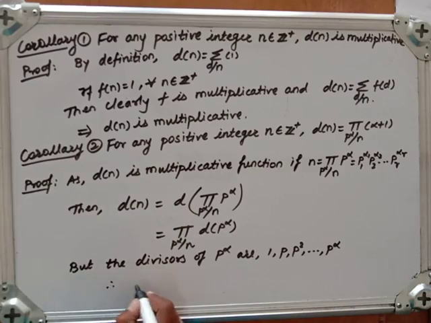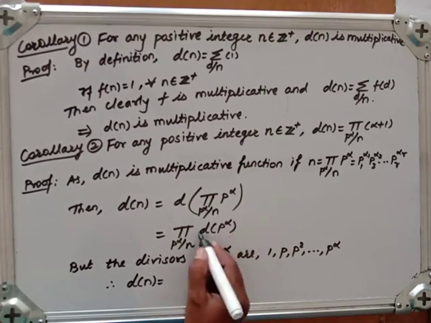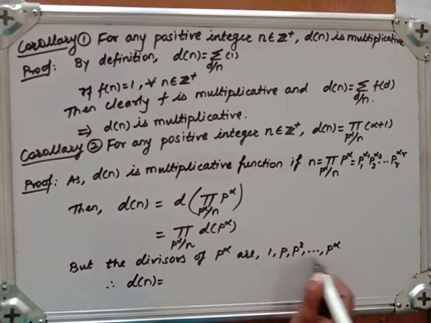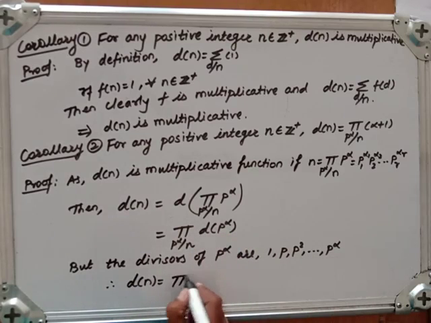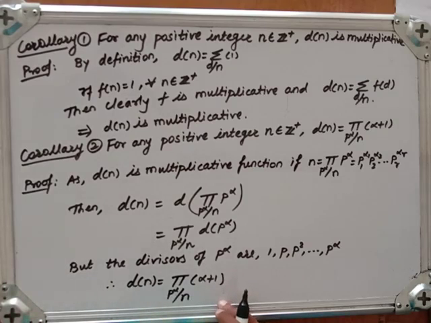Therefore, this is the number of divisors. How many are they? Alpha plus 1. So d of n is the product of alpha plus 1, where p raised to alpha divides n. This is a proof of this corollary.